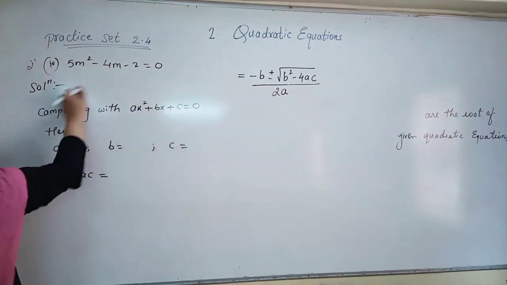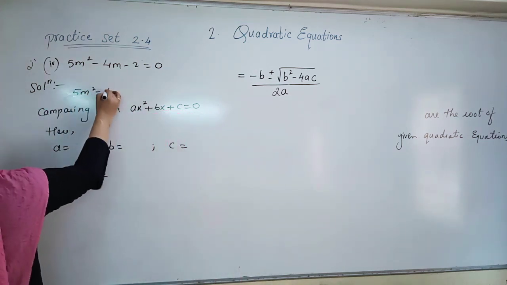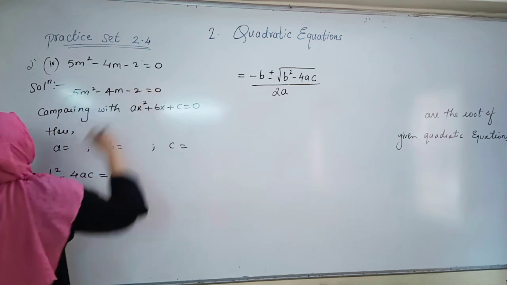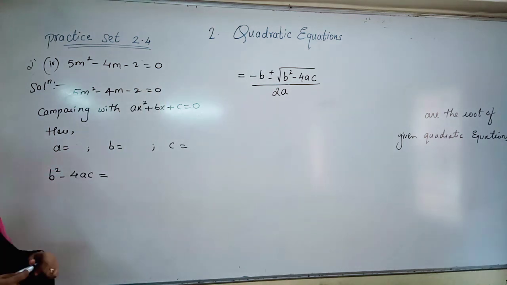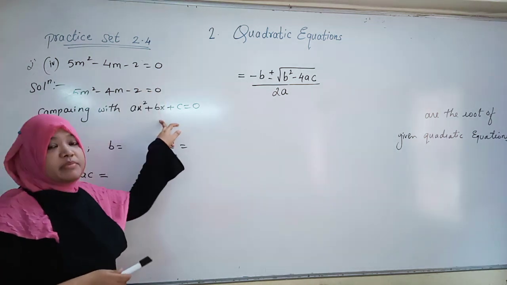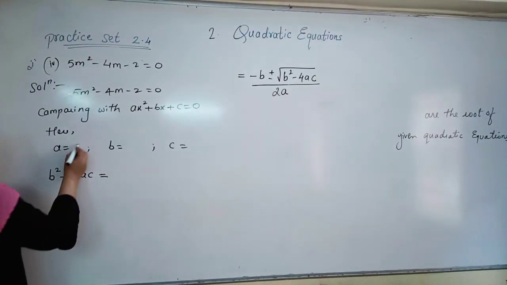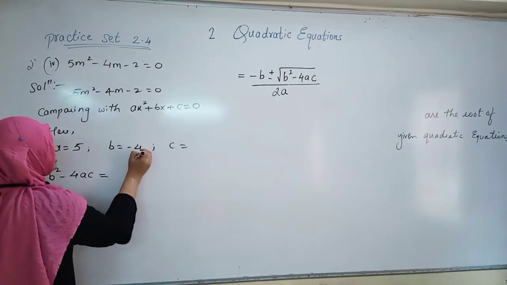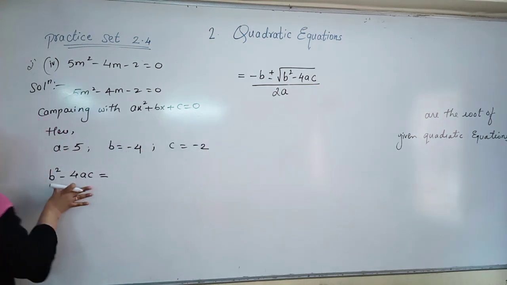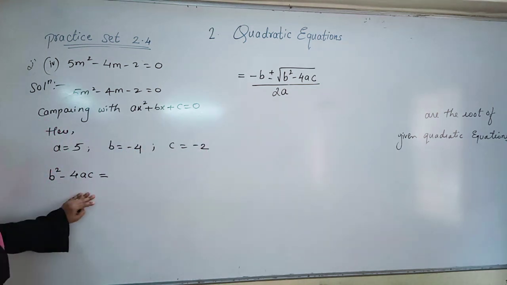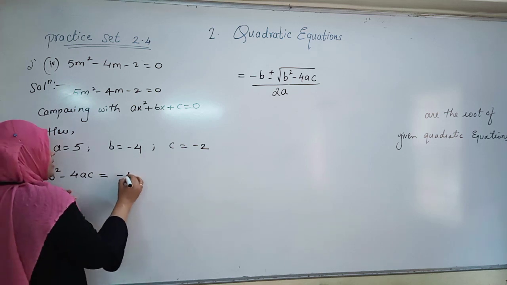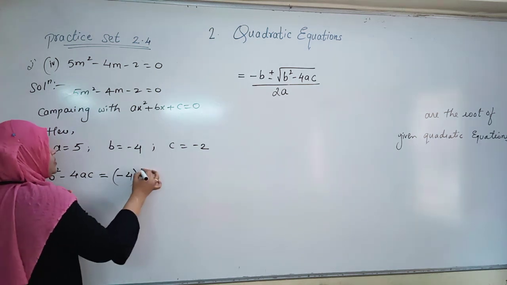Come on student, first of all the question should be in the standard form. Then we compare with the standard form: ax square plus bx plus c equals to 0. Here the value of a will be 5, the value of b will be minus 4, the value of c will be minus 2. Now we will find the value of b square minus 4ac. What is b square? Minus 4 square.